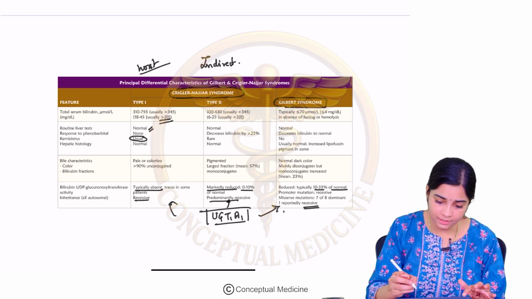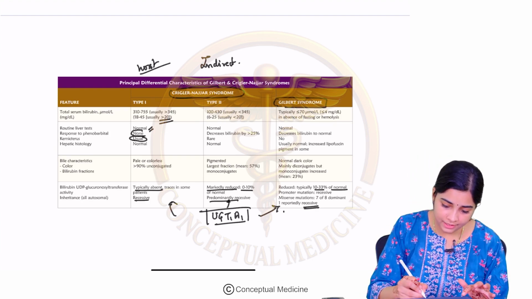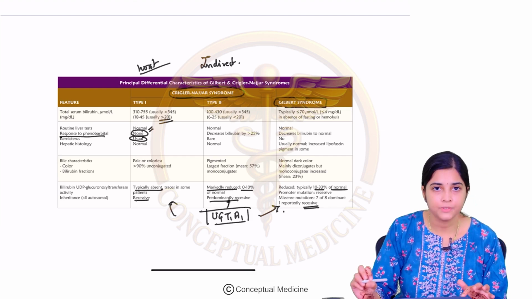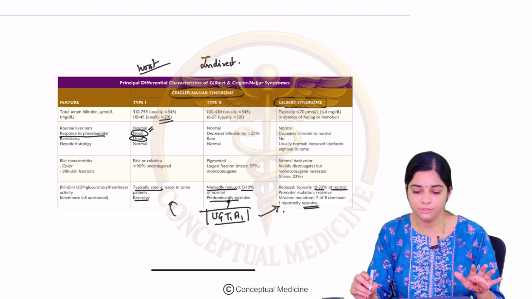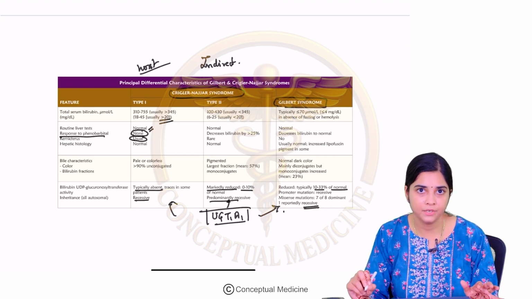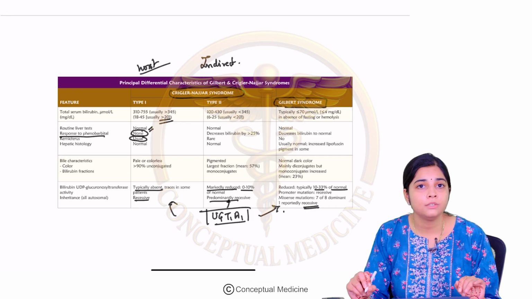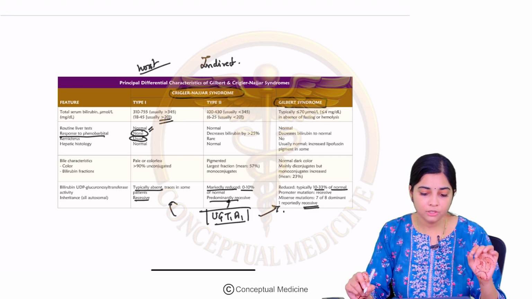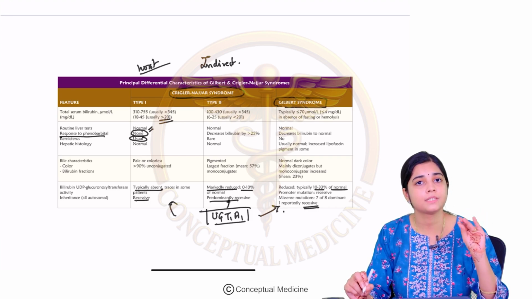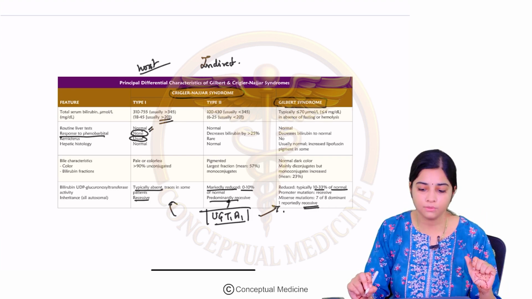They do not have any response to phenobarbital. Phenobarbital is a hepatic enzyme inducer, which induces the UGT1A1 enzyme, so this test is used to determine whether there is a response.